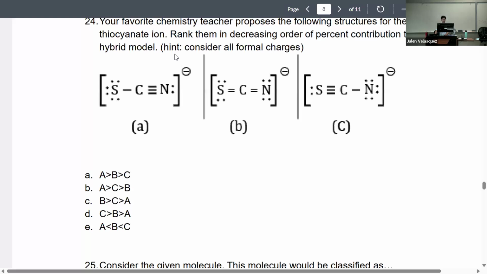Because we know that the most stable resonance structure will be the major contributor to that hybrid intermediate structure, whereas the least stable structure will be a very minor contributor to the hybrid. So I'll give you a minute to think about this if you haven't answered it already, and then we'll go over it in a couple of seconds.